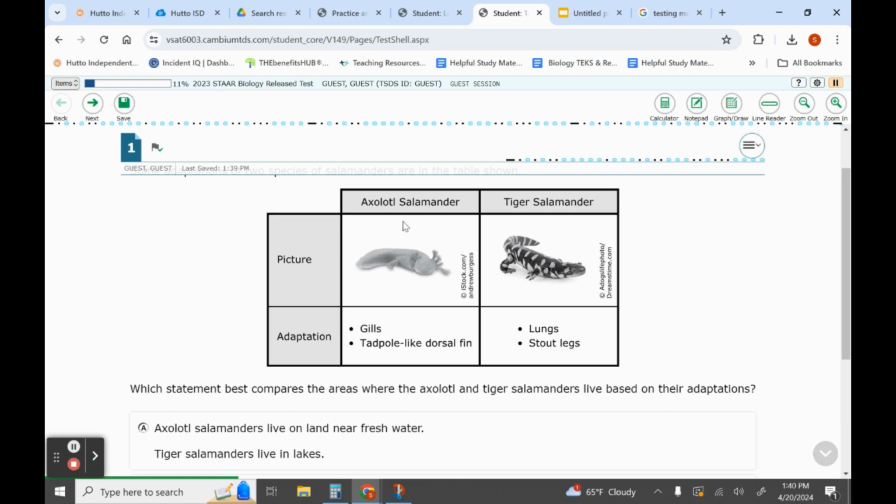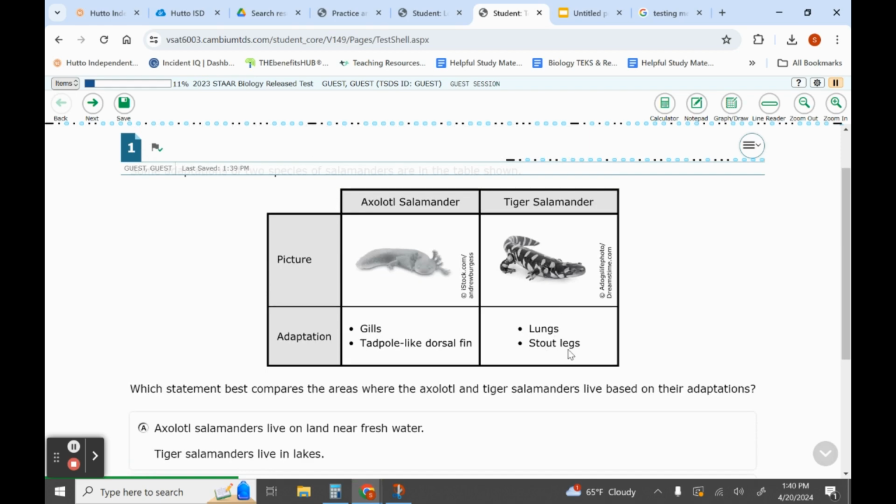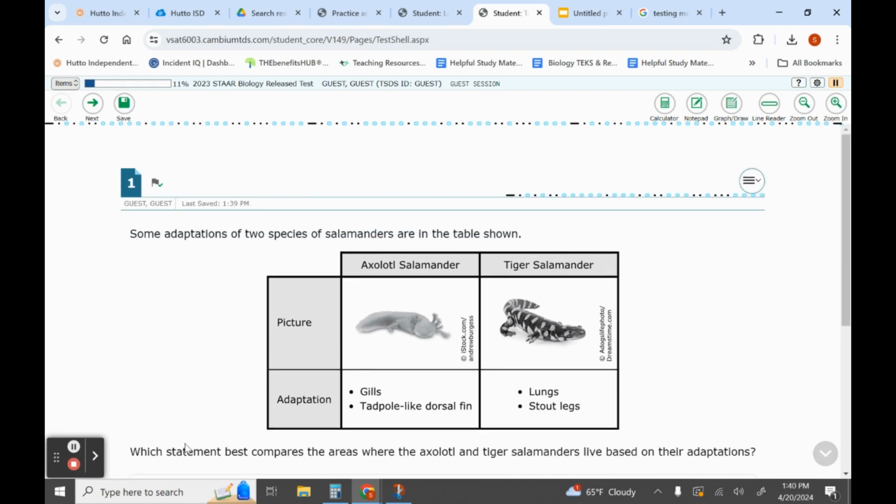All right, we have this type of salamander versus this type of salamander. This is what it looks like. Here's the adaptation or the things that would help it in its environment. We have gills and a fin, and then we have lungs and stout legs. Before I look at any answer choices, I just want to read the question.